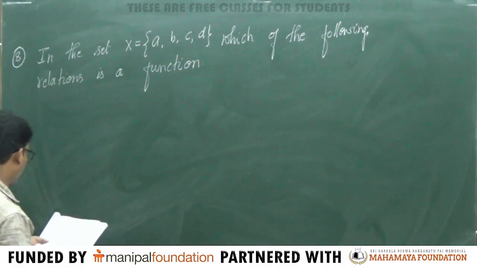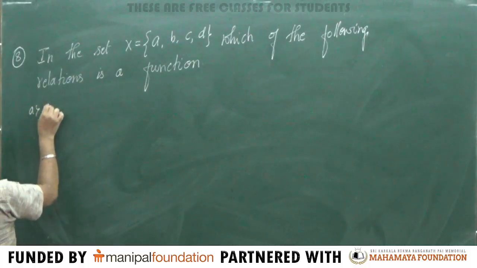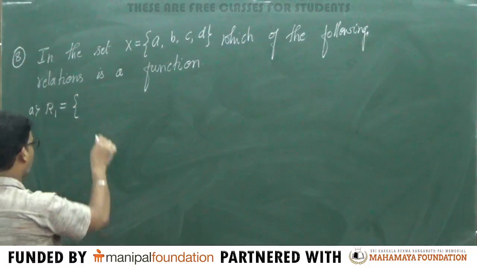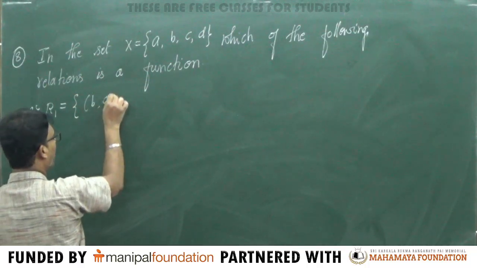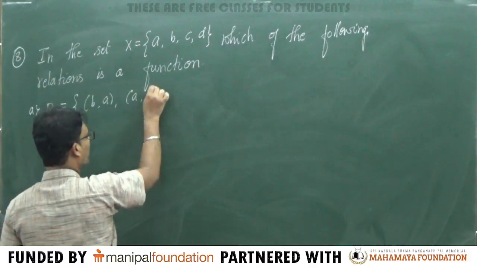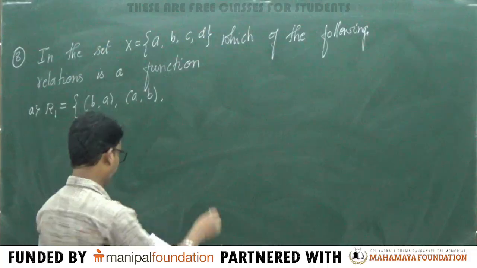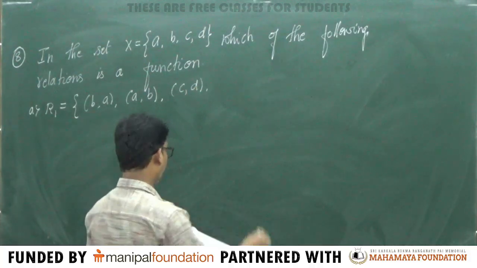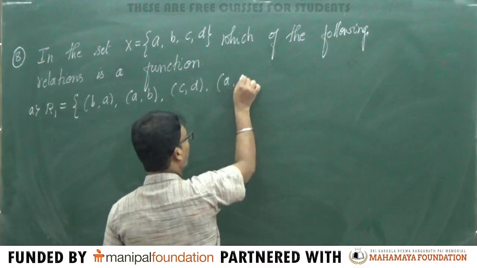The options are: option A, the relation R1 is given by (B, A), (B, C)... (B, A), (C, D), (A, C).